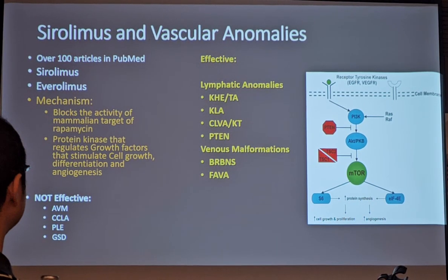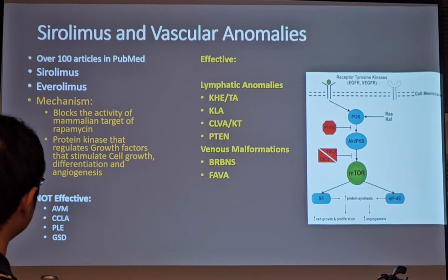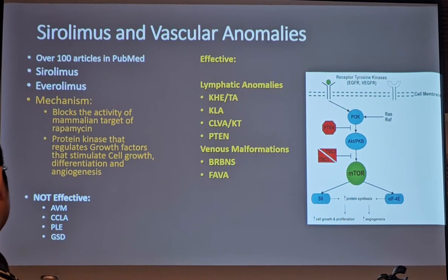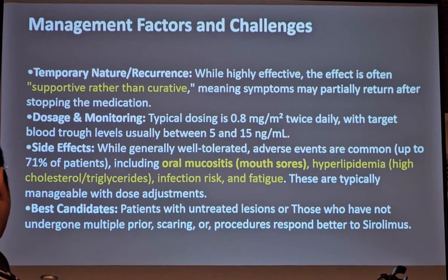Again, the mechanism of this type of medication is probably the blockage of the activities of the mammalian target of rapamycin, a protein kinase that regulates growth factor. So most of the effectiveness is there, but in some metabolic arteriovenous malformations, we try whether it will help in some special conditions, and as you know, it seems not to shrink them.